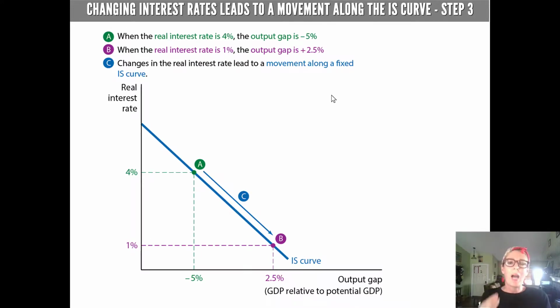So what happened, all we did is change the price of spending or the price of borrowing to get the spending, and we get an increase in GDP. And so we're moving along this curve, not shifting the curve, just moving along it. Change the price of borrowing, you will change the amount of borrowing. You're sliding along this curve.